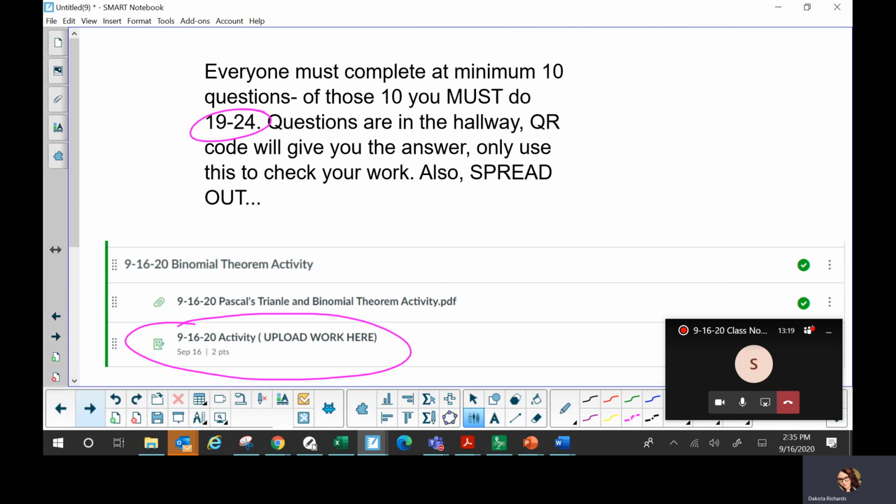That's why we put these in the hallway, so you could spread out. So go ahead and look for your problems. They're the little pink pieces of paper in the hallway. If you don't get to as many, I have everything uploaded to Canvas.